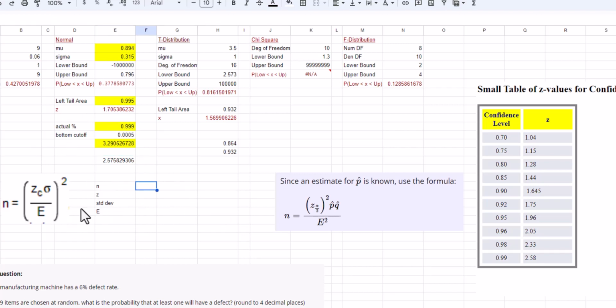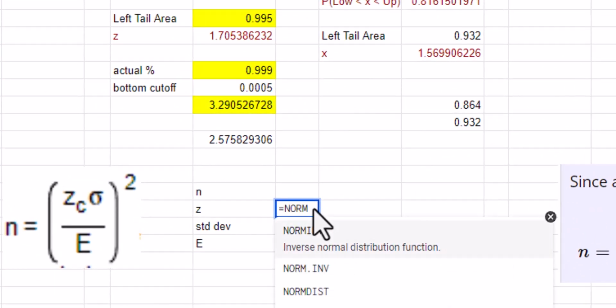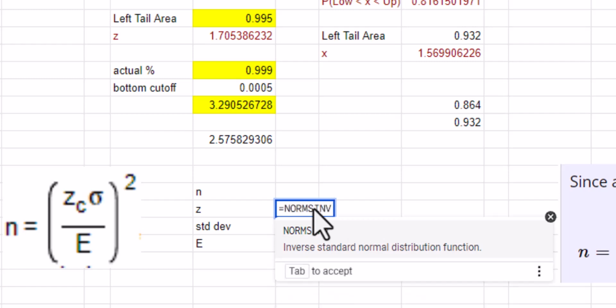So what I want is to find a sample size based on these values that I put in. Now I know mine was 41.1 and 0.1. And I want to make an actual formula to get a Z value. So how you do this is you use the equals NORMSINV.